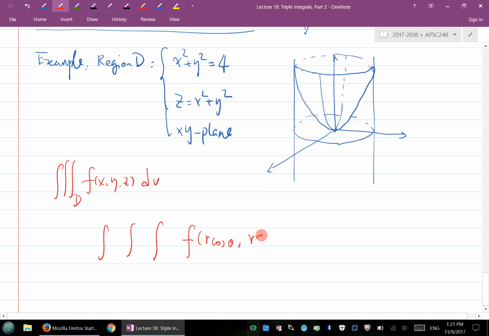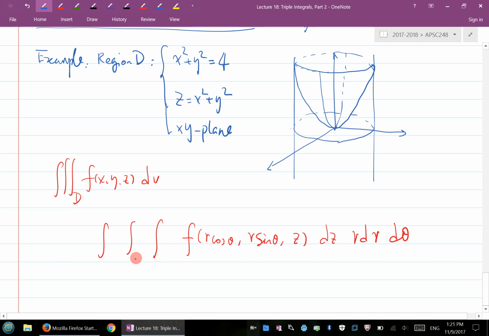We don't need to calculate anything, just find the limits. For the order of the limits, let's try the same thing: dz, r dr, and d theta. Find the limits of z first, then limits for r, and limits for theta.